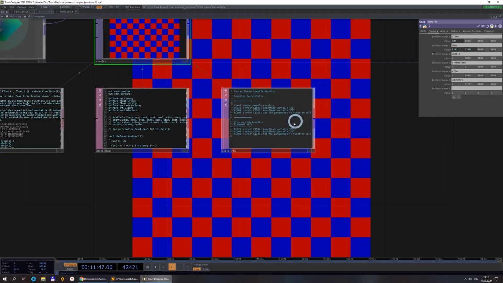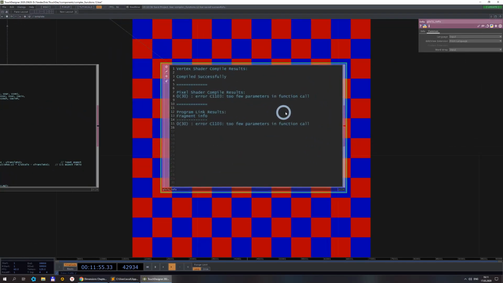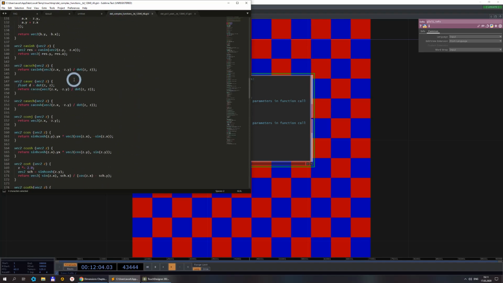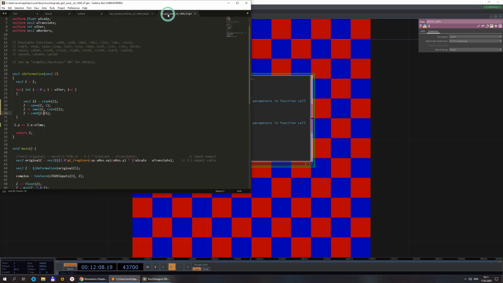What's wrong? Undefined variable z2. Yeah, sure. Too few parameters. Okay, this cadd wants from me two vectors, two z's, and instead I put z plus z2. Okay.